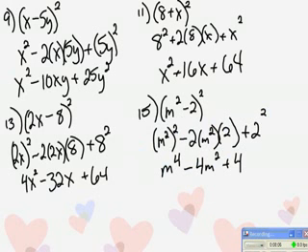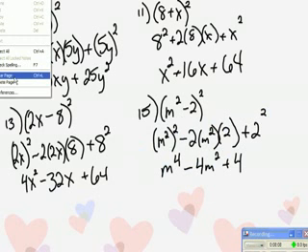Okay, again, I'm going to clear the page, go to another one. Number 17, we have 2h squared minus k squared, squared.